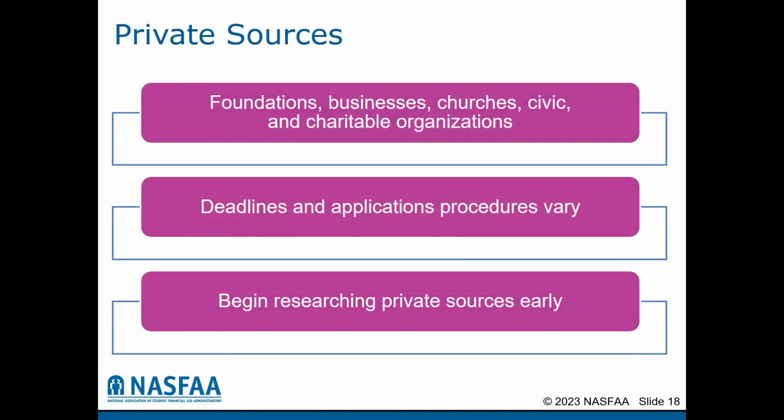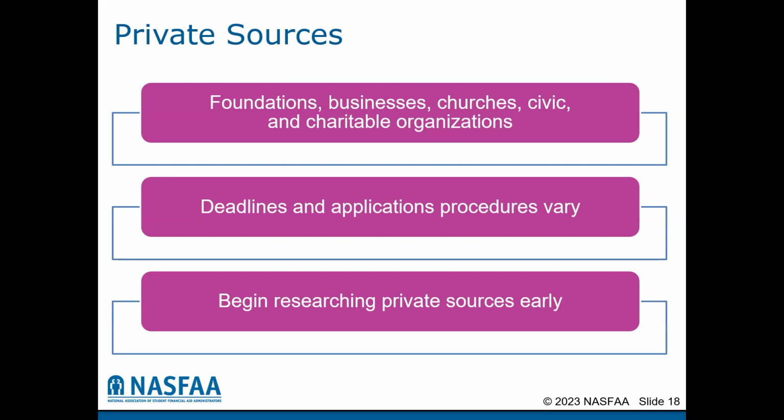Financial aid can also be obtained through private sources. Examples of private sources can include foundations, businesses, churches, civic organizations, and charitable organizations. It is highly recommended that students research what is available in their communities.